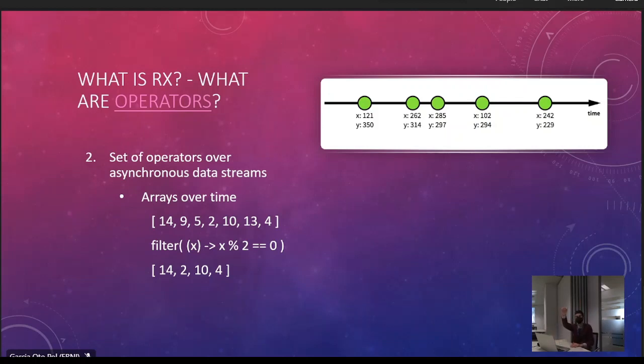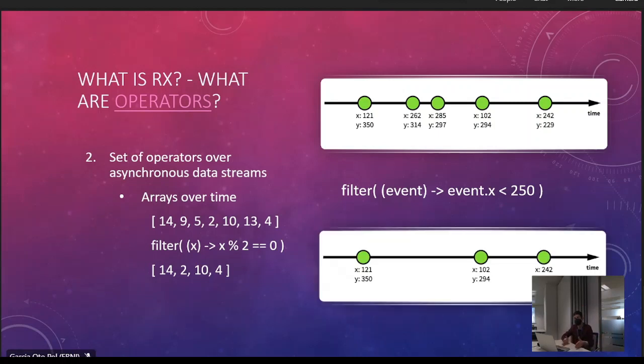You have one click that is in coordinate x 121 and y 350, and a series of clicks that happen over time. You do an operator, remove all the events where the x is lower than 250, and have the same data stream with that filtered value. It's just the same, but instead of being a list that is all filled, it has been filled with time. It's a variable with time.